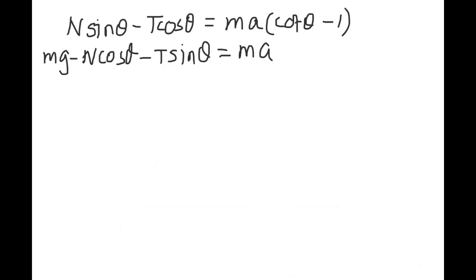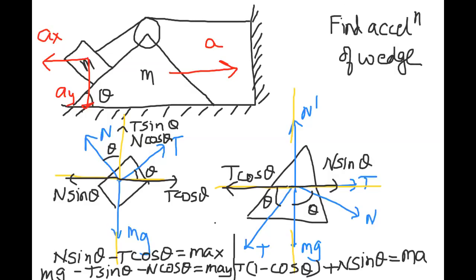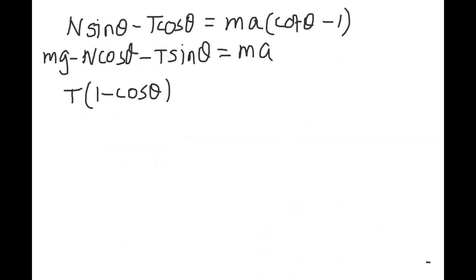So, I don't need to write it, sorry, three unknowns, yes, I have to find a. T into 1 minus cosine theta, and here we have N sin theta is equal to m.